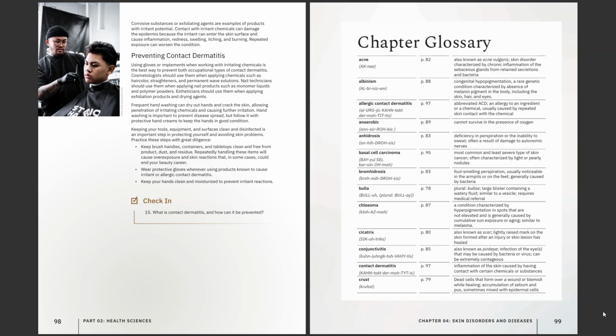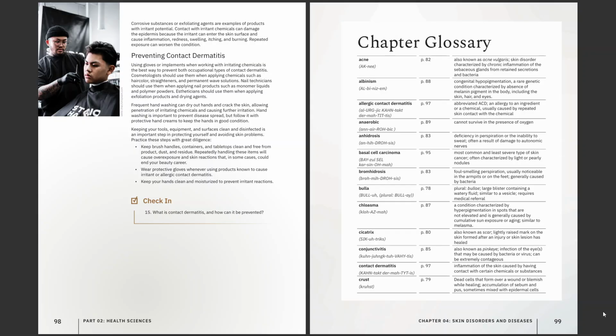Anaerobic, cannot survive in the presence of oxygen. Anhidrosis, deficiency in perspiration or the inability to sweat, often a result of damage to an autonomic nerve.